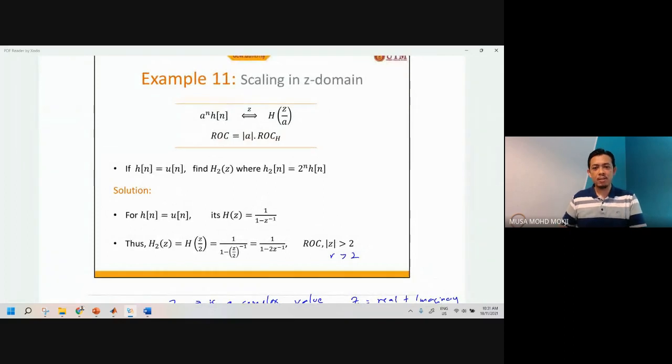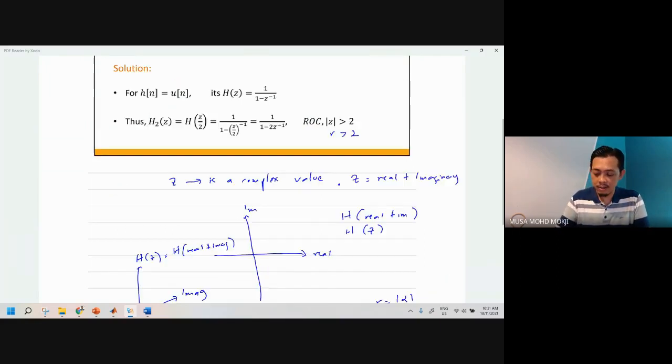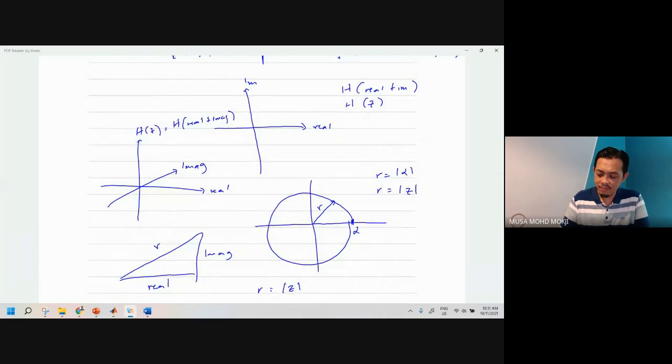So why it is a Z, what is the complex value, what is the radius. Later, we're going to look at what is the angle. It has a theta. We haven't come to this yet, but later, yes, we need to look at this theta also. Okay, and this theta is very, very, very important.